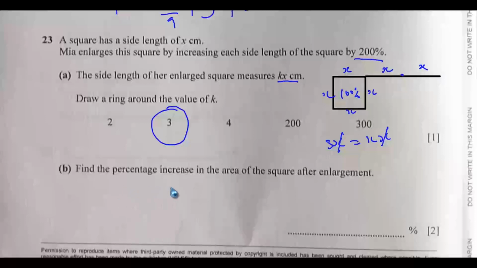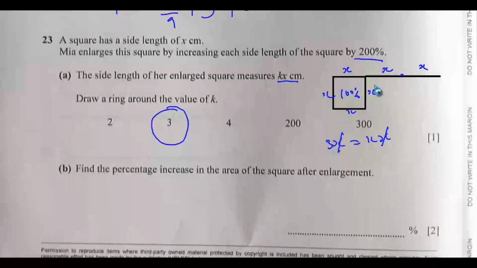Find the percentage increase in the area of the square after enlargement. So we need to find the increase. The increase will be the difference between the areas of the squares before and after enlargement.